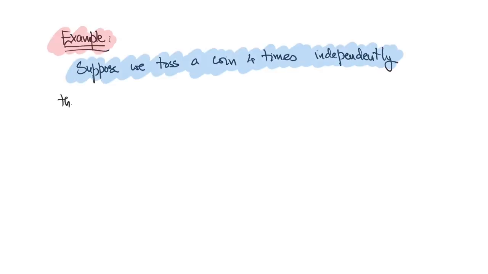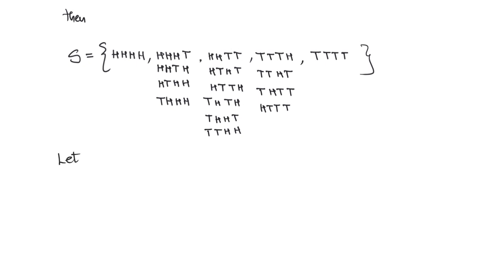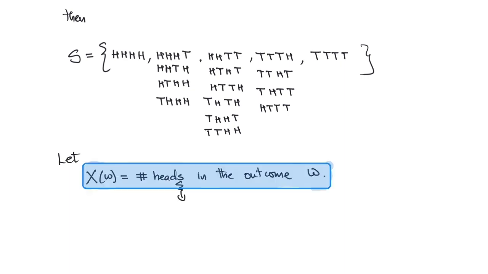We next work an example. Suppose we toss a coin 4 times independently. This is a two-sided coin, then the sample space of this experiment is calculated as follows, and we can consider the random variable x that is going to count the number of heads in an outcome.